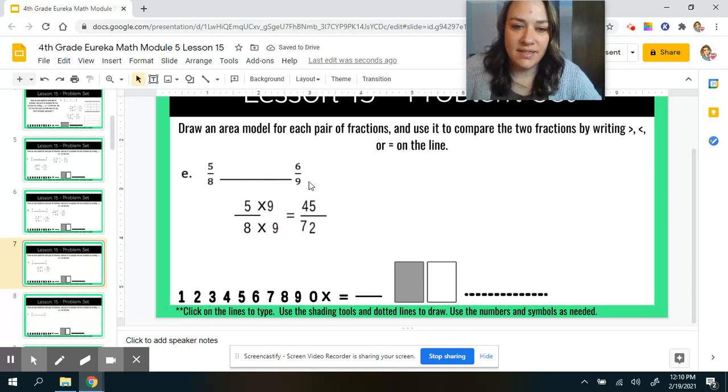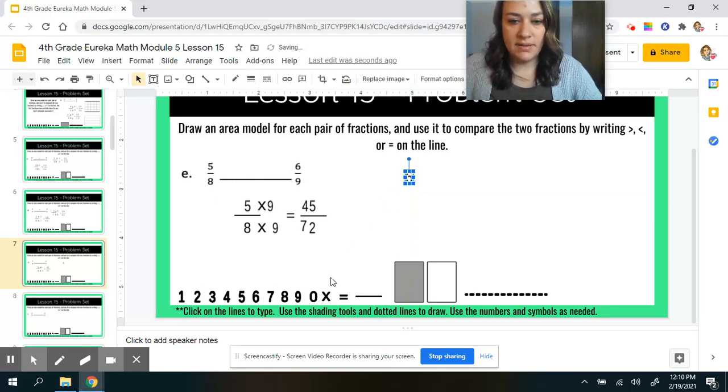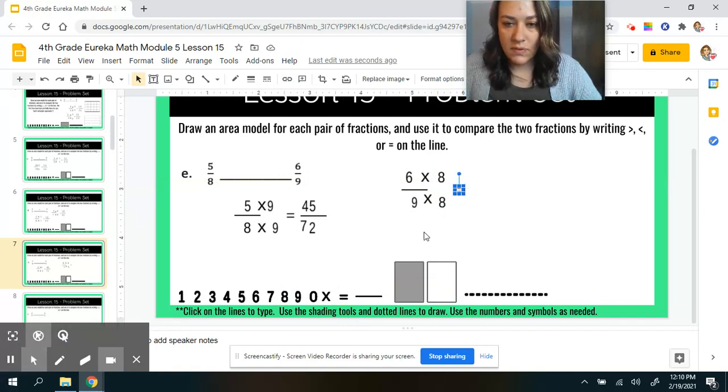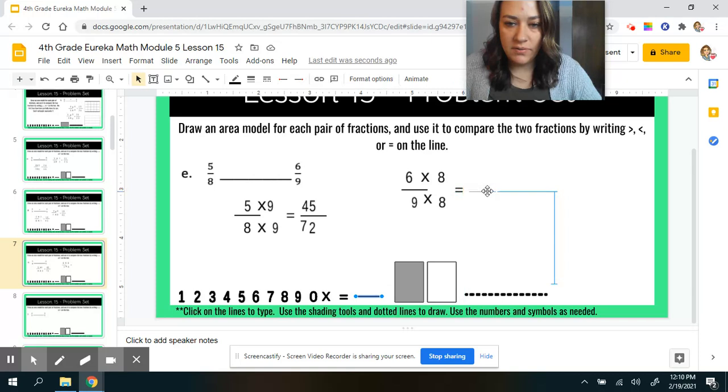And then we're going to take our 6/9 and multiply it by 8. 6/9 times 8. So we know our denominator is going to be 72. So you think, well, what is 6 times 8? And you're going to be able to compare a little bit quicker if you know those facts really quick.